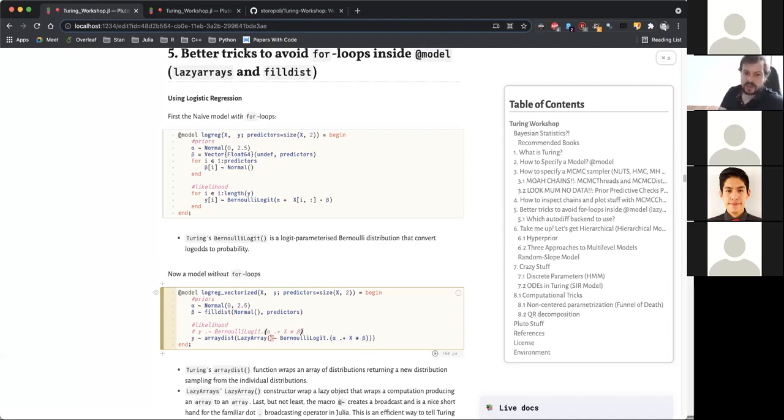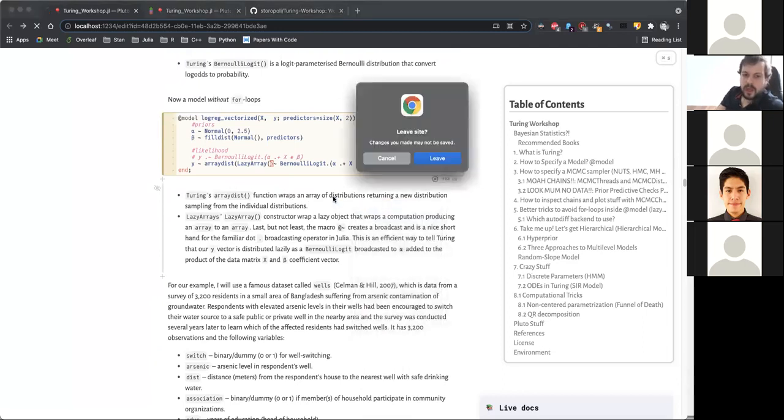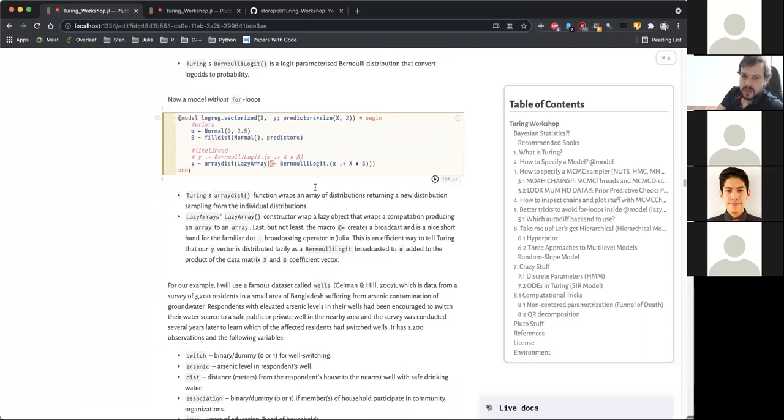This is similar to something like this, but this is better using the array dist and the lazy arrays. So when you do the array dist, you have a new distribution that's kind of an array of distributions. So this is how Turing deals with for loops.